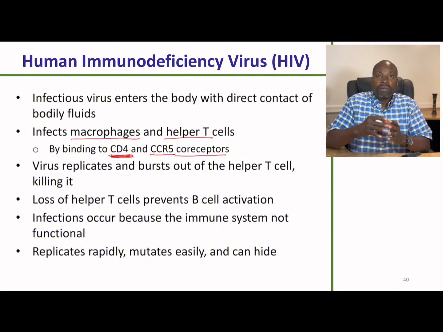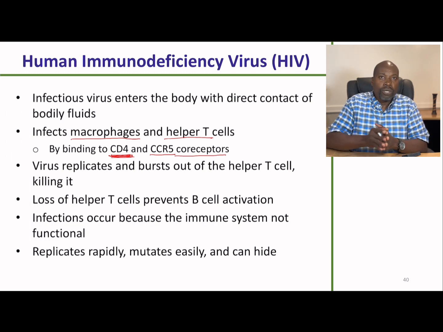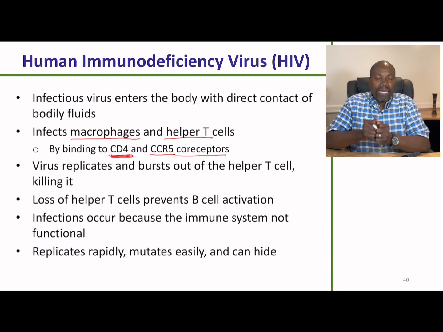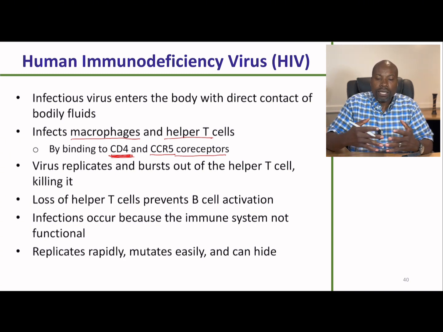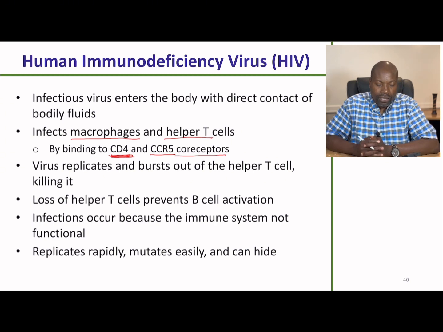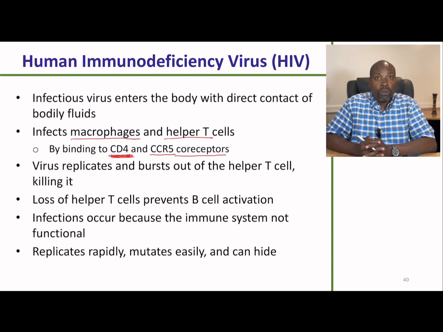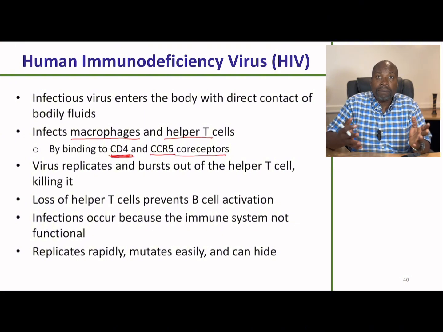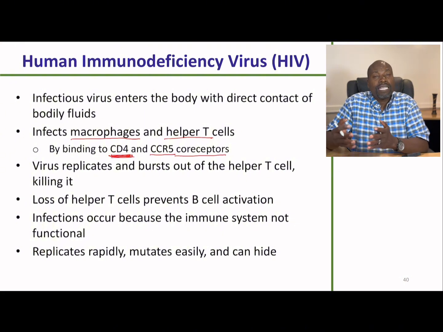And when our helper T cells die, and you know the role of helper T cells, which is to regulate our immune response, to stimulate the maturation of B cells, the multiplication of T cells, right? Clonal expansion cannot occur without helper T cells. So with losing a large amount of helper T cells, we definitely become immunocompromised.